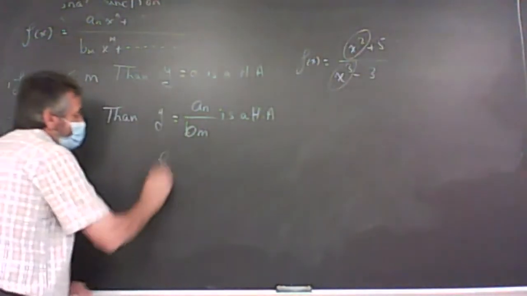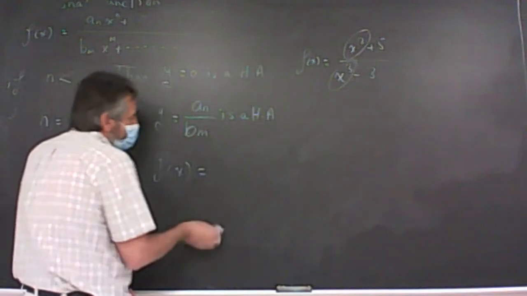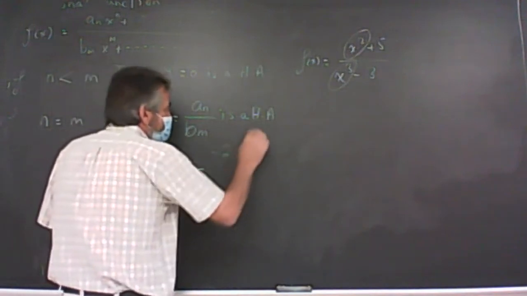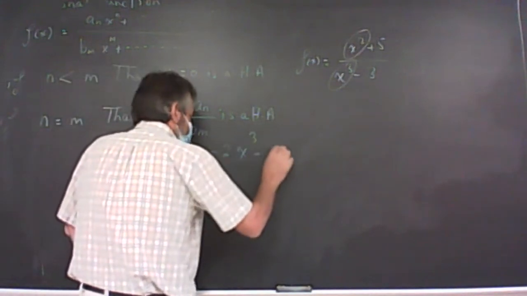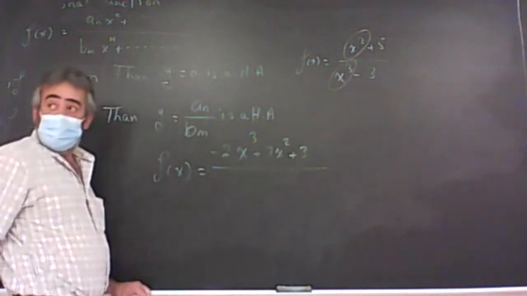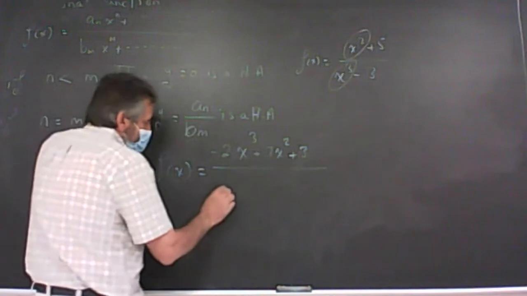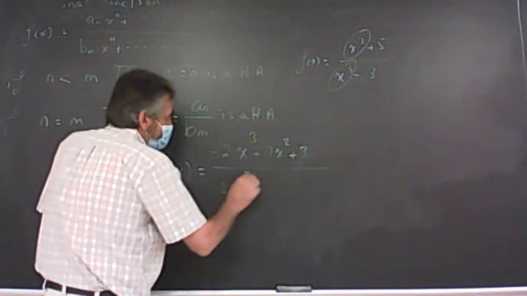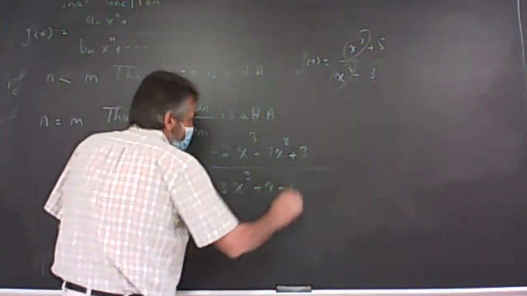Suppose we have f of x equals negative 2x cubed plus 7x squared plus 3, divided by 3x cubed plus x minus 1.